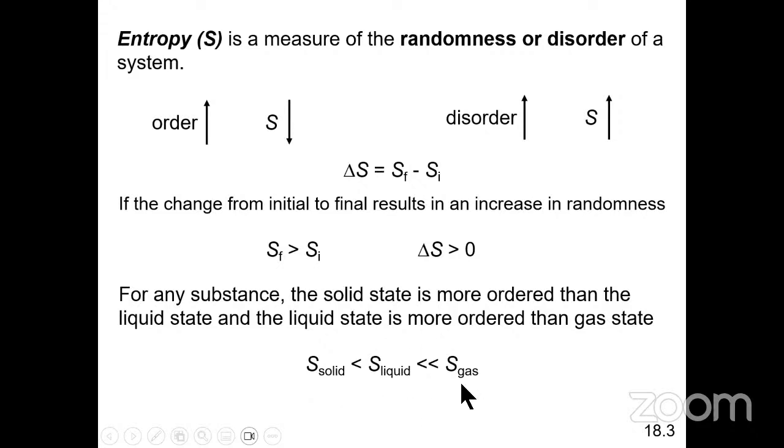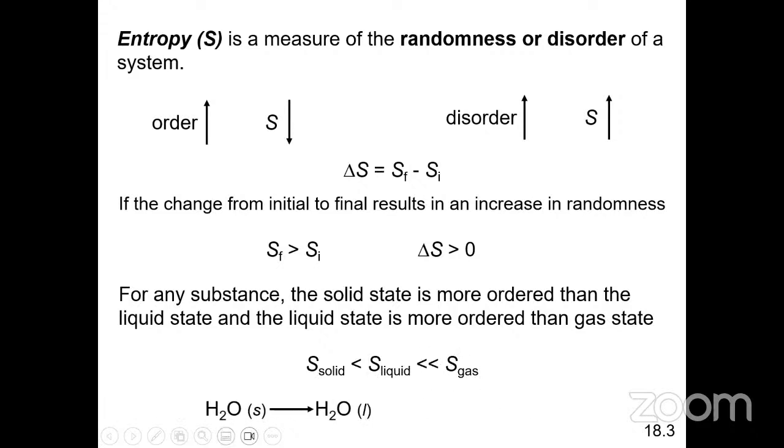And that is true right across the board for any substance under all the conditions you can think of. The gas would be more disordered and therefore has a larger entropy associated with it compared to the liquid, compared to the solid. And as you can see here, the extent of the entropy experienced by the gas molecules is much greater than that compared to the liquid, as indicated by this sign.